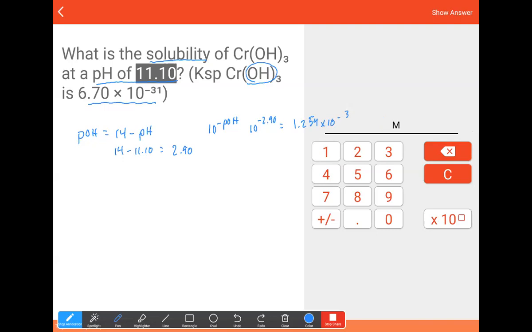So now we have this common ion. So we can write out CrOH3 is going into solution with Cr plus 3 plus 3 OH minuses. So don't forget about that 3 in front, which will also show up in our equilibrium expression.